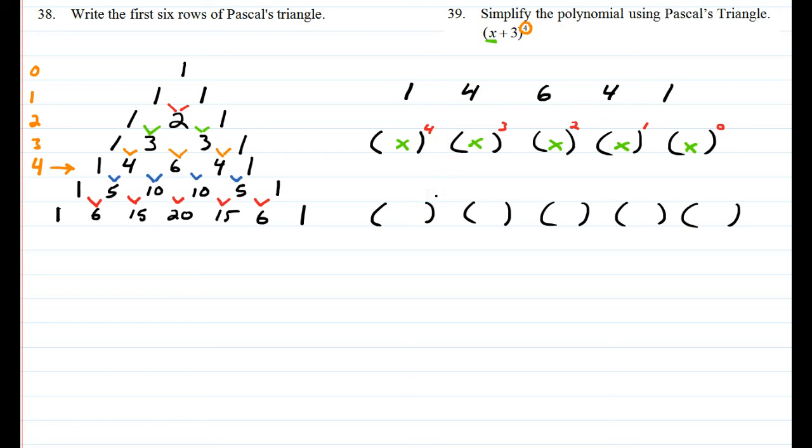So we're going to start at 0, 1, 2, 3, 4. And we'll plug in the 3. All right, and so now we'll set it up. And so let's just separate these.